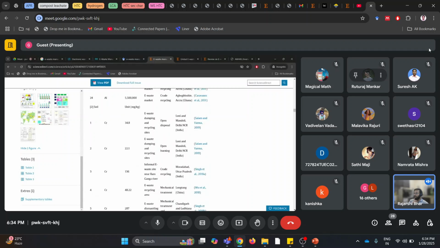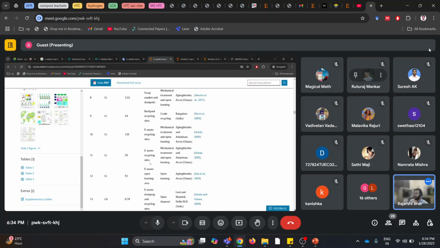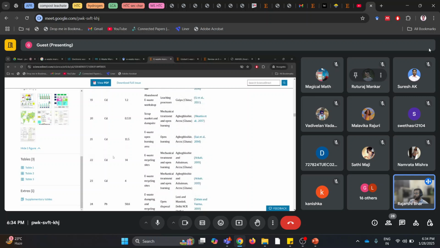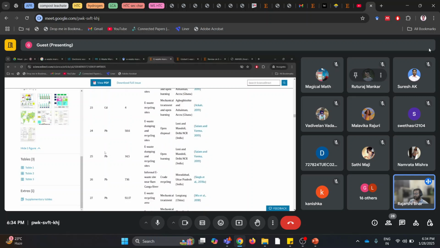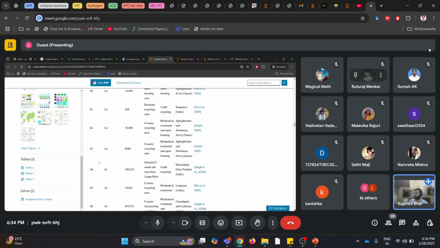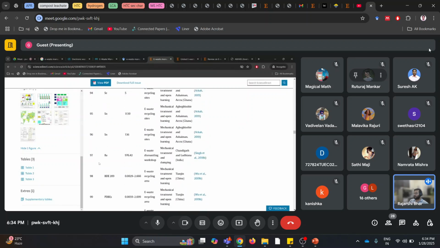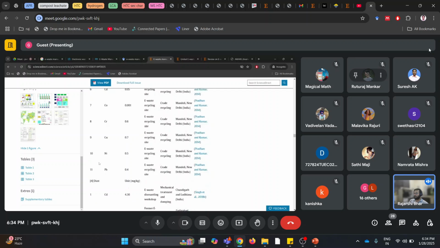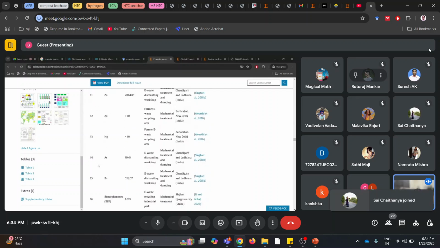This is data from the NCR in India. Chromium is mostly found in soil, then cadmium, all of these heavy metals, and they are often carcinogenic, having various other health impacts. So chromium, cadmium, lead, arsenic, we have seen in air and soil. In water also, similar observations have been noticed.